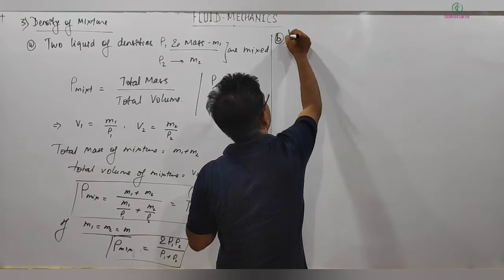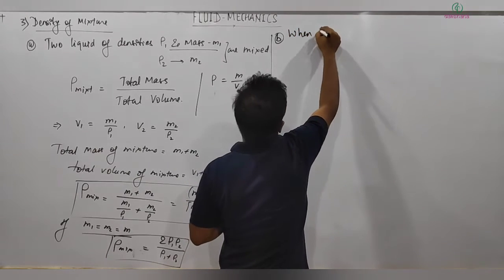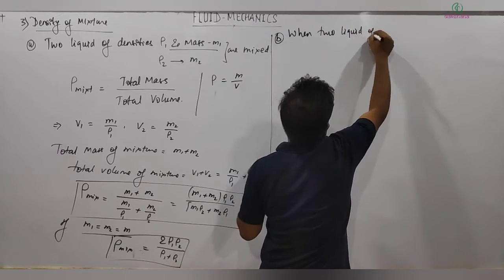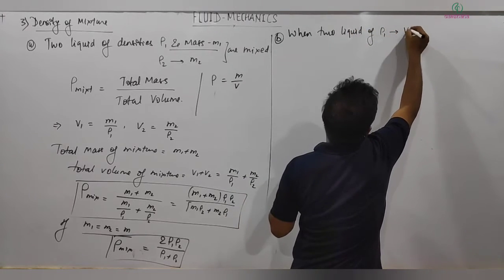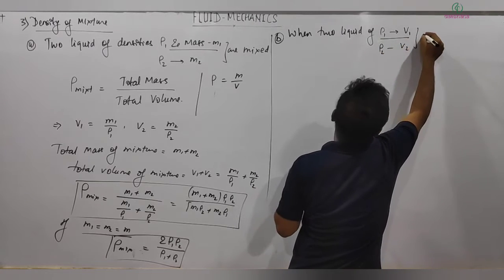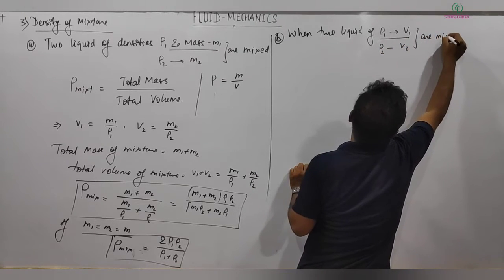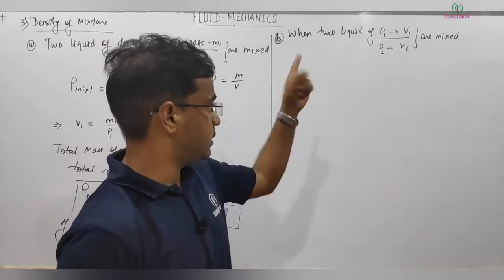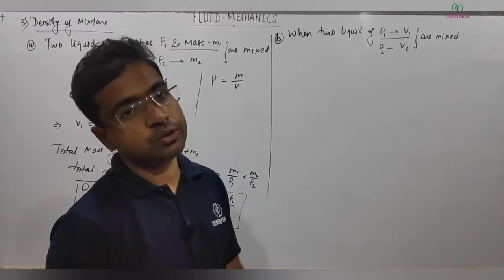And the next case comes, case B, when two liquids of density rho 1 and volume V1, density rho 2 and volume V2 are mixed.